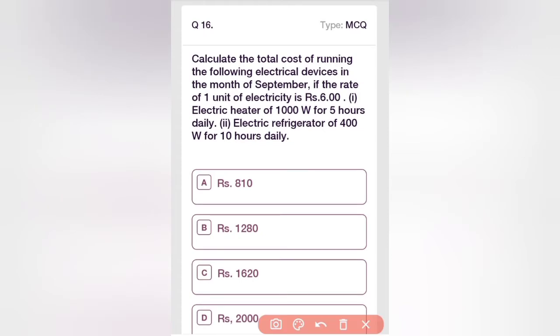We need to find the cost. So, the formula for cost is energy into rate. Rate is given, 6 rupees per unit. We need to find energy. How to find energy? Energy is equal to power into time.